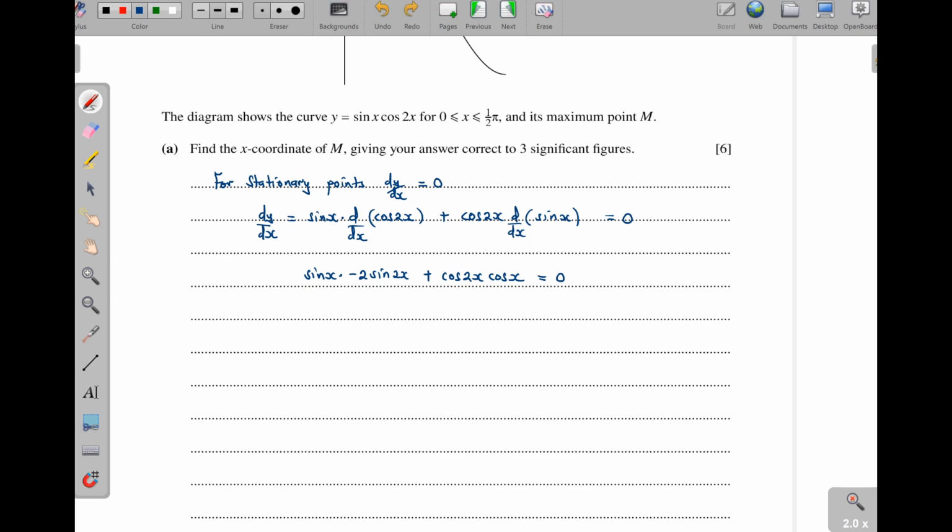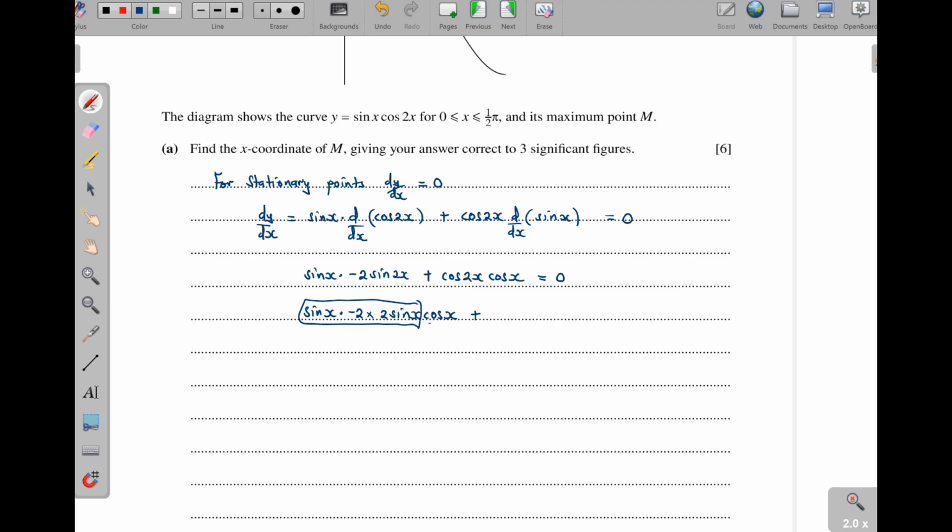Using the double angle formula, we know that sine of 2x is the same as 2 sine x cosine of x, okay? So I can express these in terms of cosine, in terms of sine, whatever. Now, I can see that here I can get sine squared.